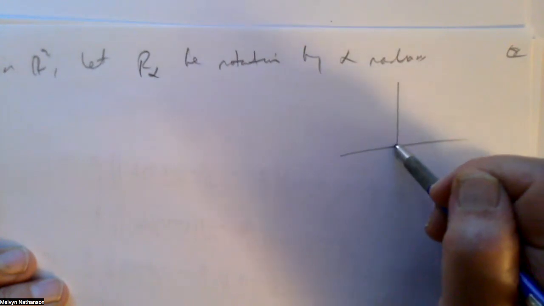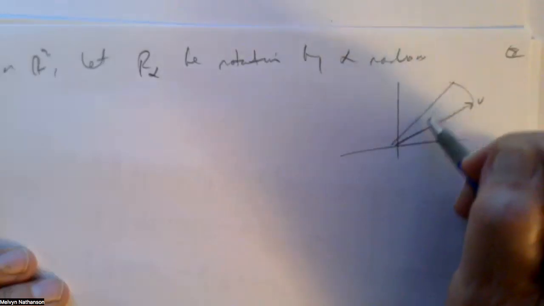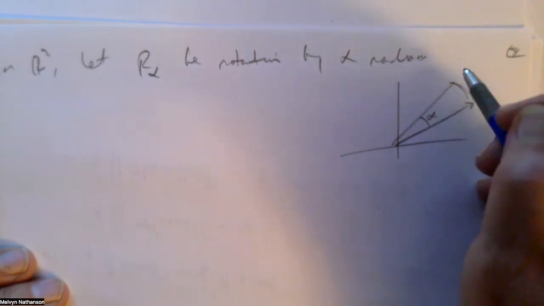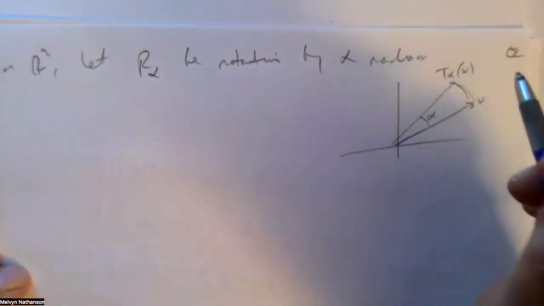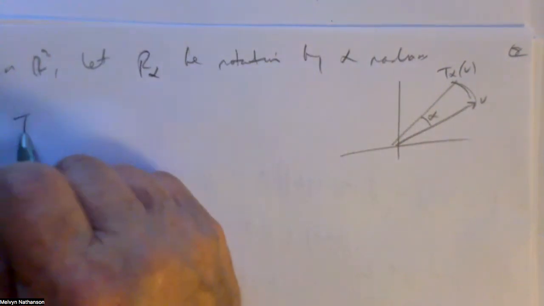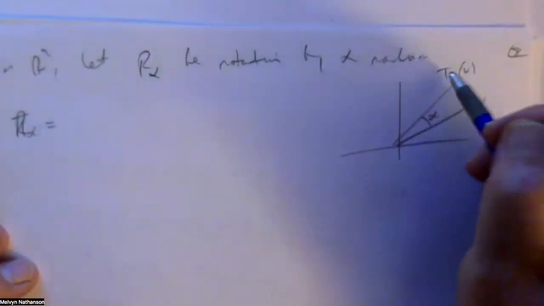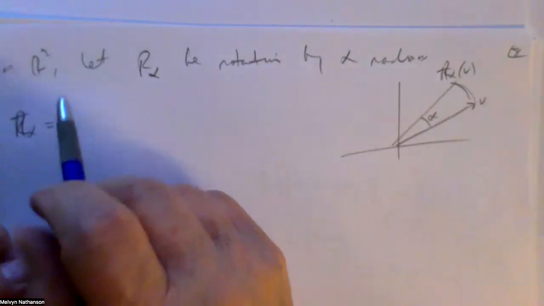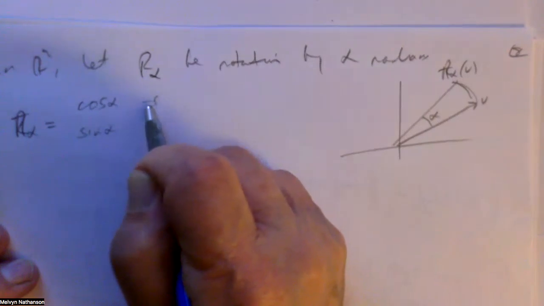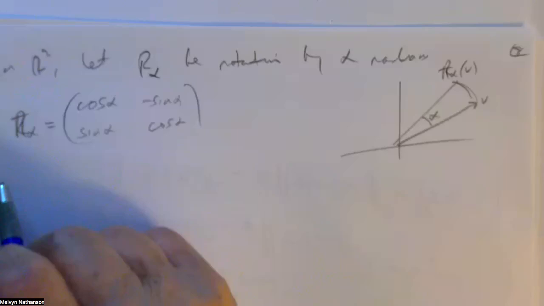That means if you have any vector V and you rotate it around the origin by an angle alpha, you get R alpha of V. The matrix for R alpha, rotation by alpha, is cosine alpha, sine alpha, minus sine alpha, cosine alpha.